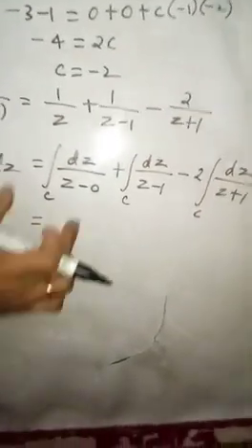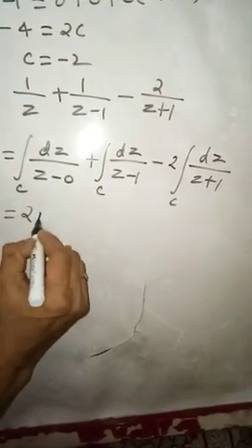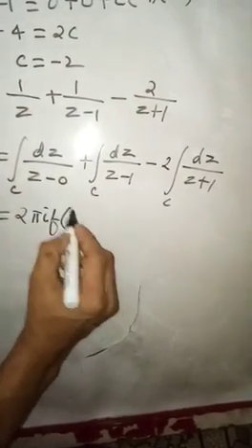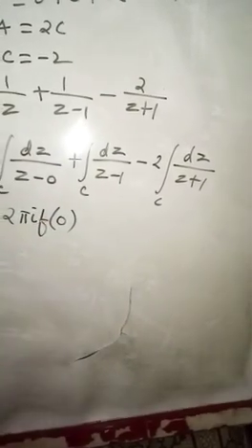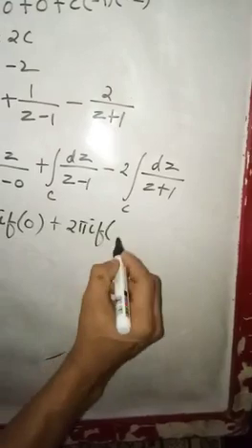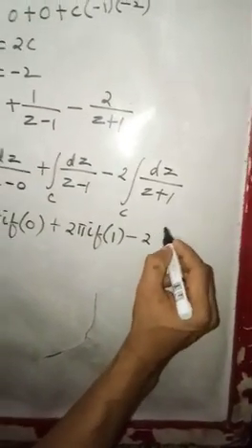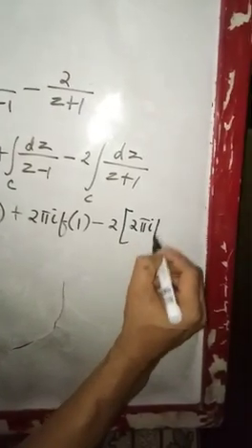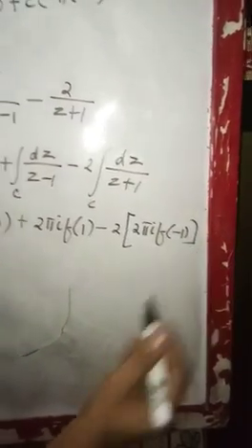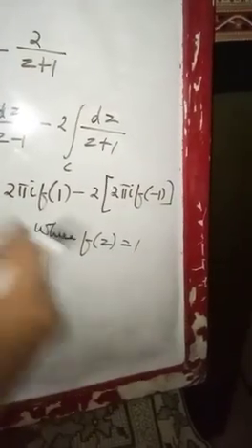I'll write straight away here using Cauchy integral formula. 2 pi i into f of z naught, z naught is 0. Similarly for the second integrand, 2 pi i into f of z naught, z naught is 1. Minus 2 into 2 pi i into f of z naught, z naught is minus 1. Where f of z equal to 1 in all the three integrands.